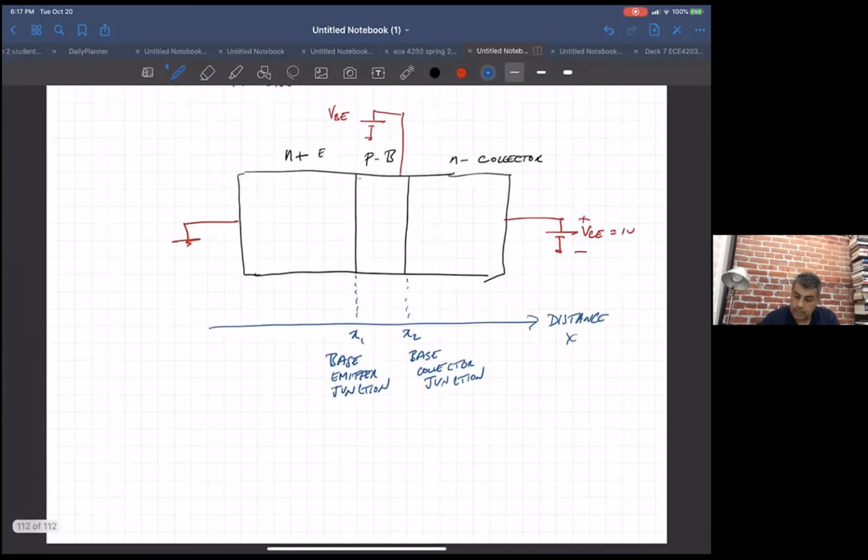Okay, so we said that because this base emitter junction is forward bias, we'll get electrons that diffuse from the emitter into the base.